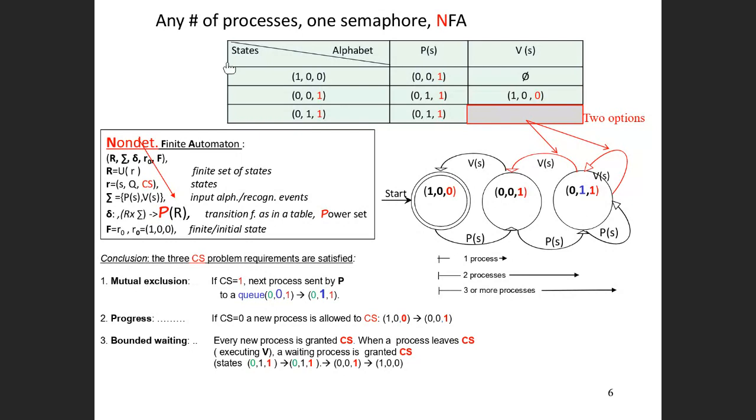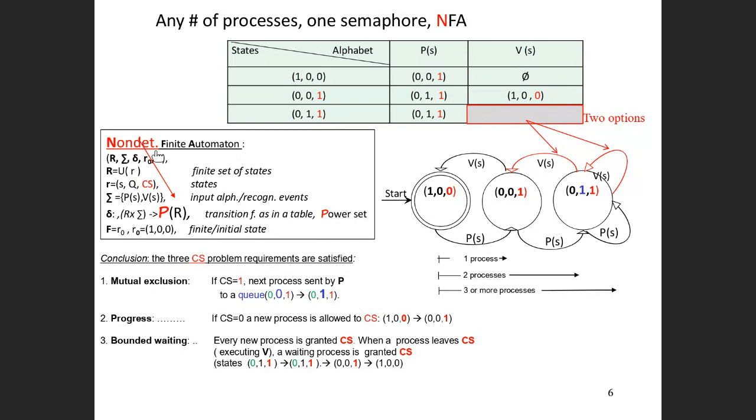This is why when we look at the delta table, in the third row, in which we have state 0, 1, 1, and in the second column of V of S, we have two options. We may have 0, 0, 1 or 0, 1, 1. This is why this finite automaton is an NFA, non-deterministic.